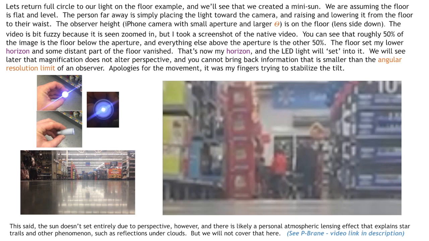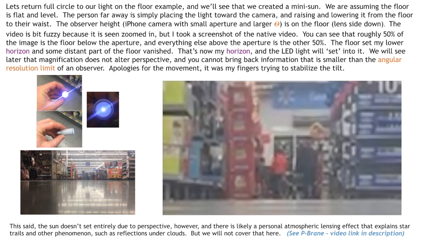The floor has set my lower horizon, and some distant part of the floor has vanished. That is now my horizon, and the LED light that you can see I'm holding in my hand will set into it. We will see later that magnification does not alter perspective, and you cannot bring back information that is smaller than the angular resolution limit of the observer.